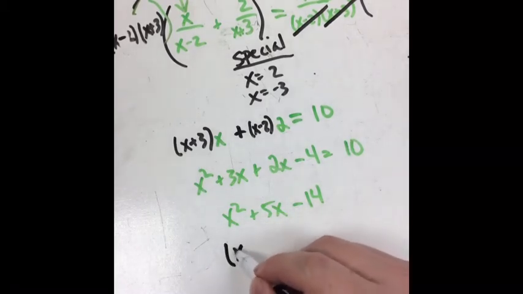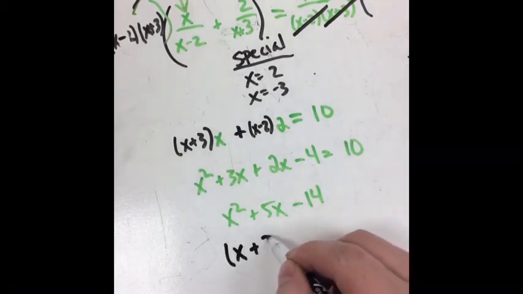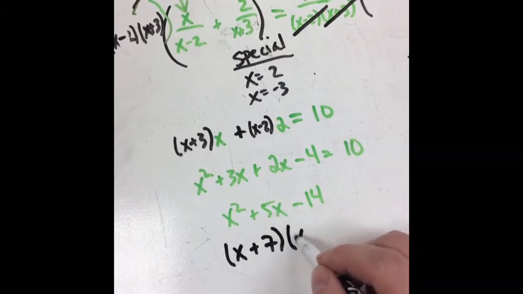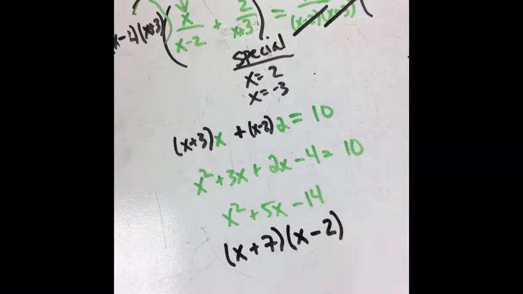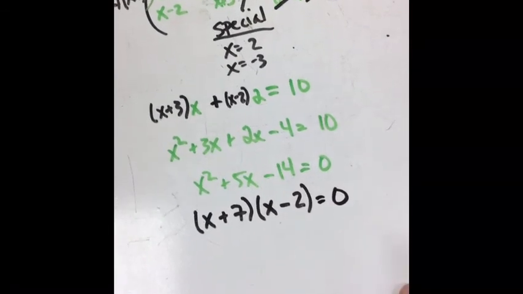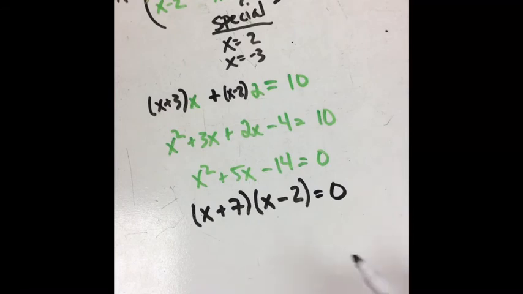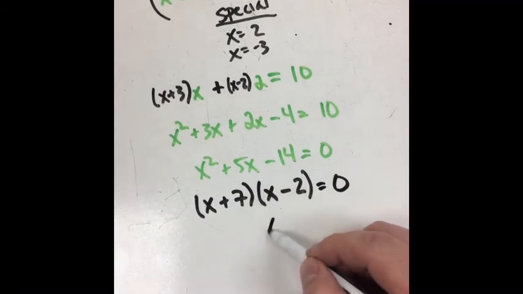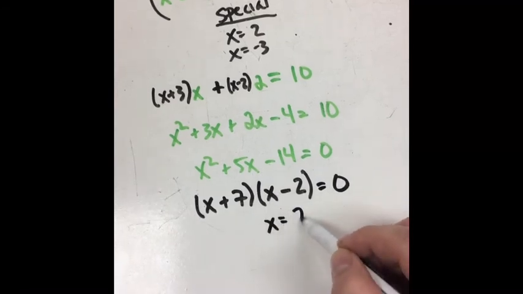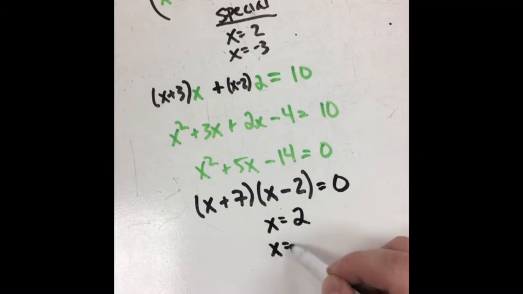Let's see. It looks like I'm going to have x plus 7 and x minus 2 equals 0. Okay, we're in the solve part of things. So it looks like my answers are x equals 2 and x equals negative 7.